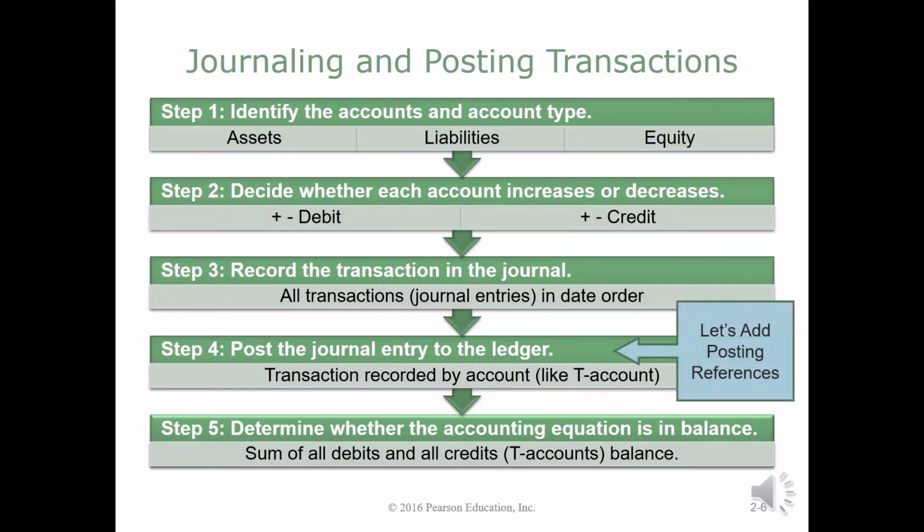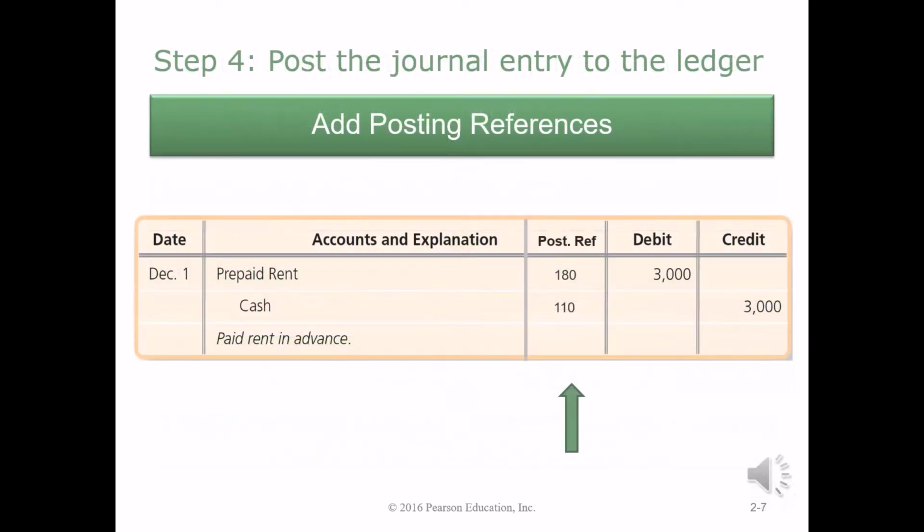To this information today, we want to add posting references. Posting references will help us to know where the information came from, and it makes it easier to track down answers when we have questions. So in step 4, when we post our journal entries to the ledgers, we're also going to use posting references. Remember that in our posting process, we are trying to post our journal entries and that activity into the actual accounts.